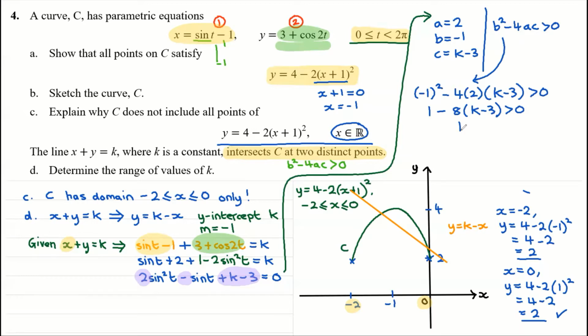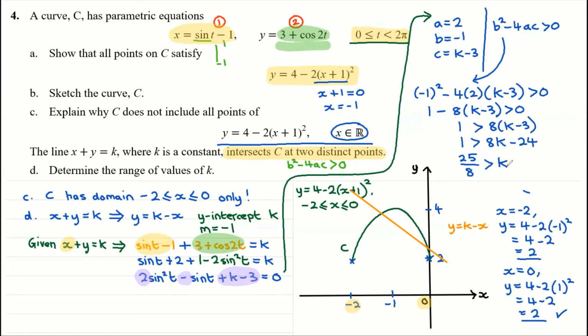So we're going to have 1 is greater than 8 lots of (k subtract 3). So 1 is greater than 8k subtract 24. Add 24 to both sides and divide by 8. So we have 25 over 8, and k has to be strictly less than that.